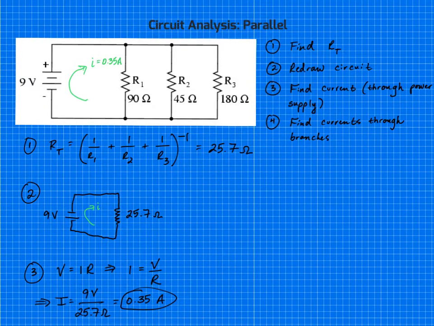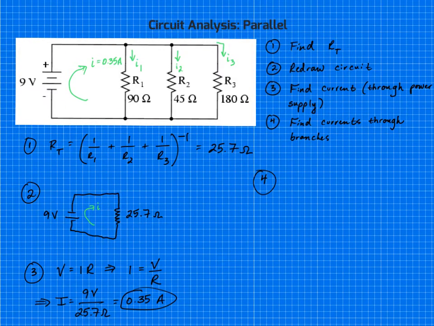Okay, so now step 4. We basically are going to be finding here I1, I2, and I3. So let's get a different color here, and we'll start step 4 over here. So the key here, now we're going to be taking a look at our main circuit again.